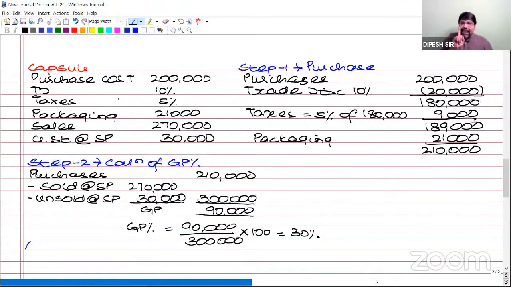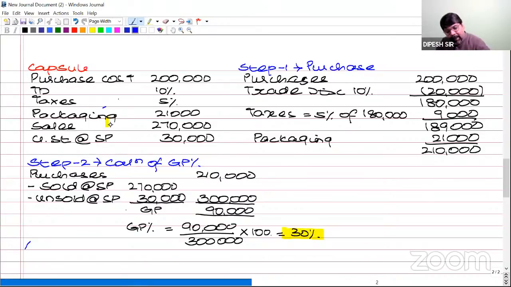If entire goods were sold, I would have earned 90,000. But I have sold only 2,70,000, so on 270 I would have earned 81,000. Am I clear? Yes, sir. So my actual GP is 81,000. But I am not interested in my actual GP. I am interested in actual GP percentage, which is 30%.